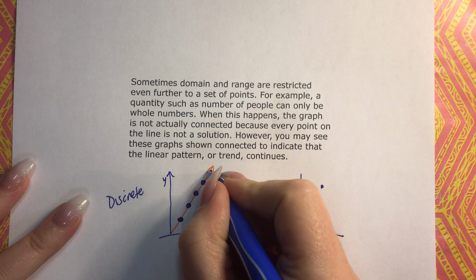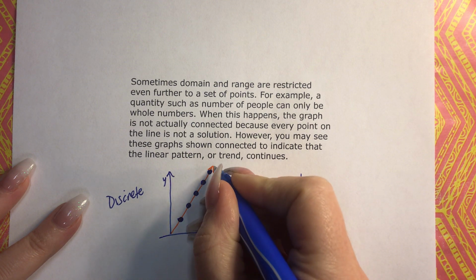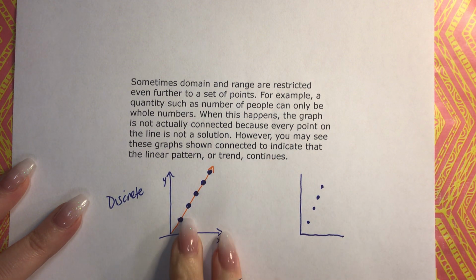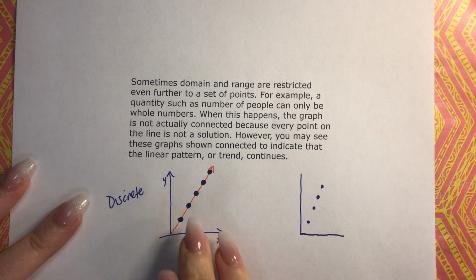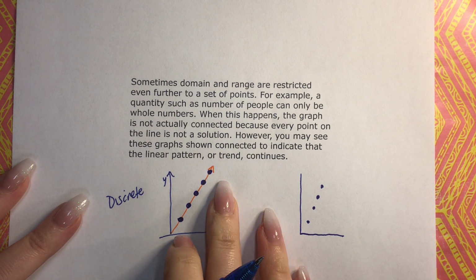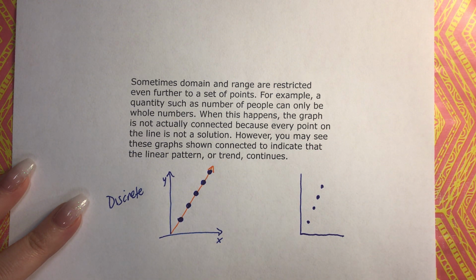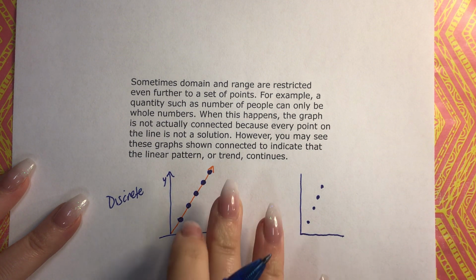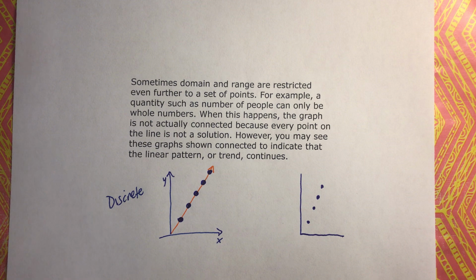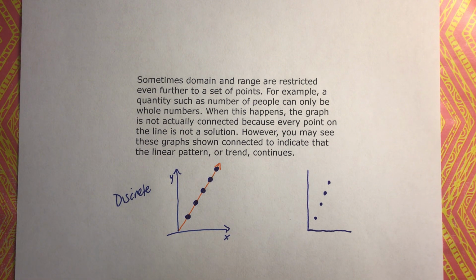So we're actually going to connect the dots and put an arrow to show that the pattern continues. So when you see distinct points that are connected, you're dealing with a discrete graph that continues on and on forever. That is the way that they show that mathematically.